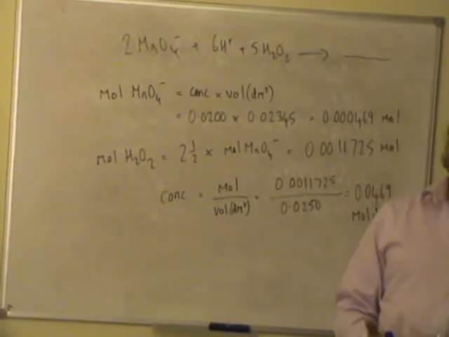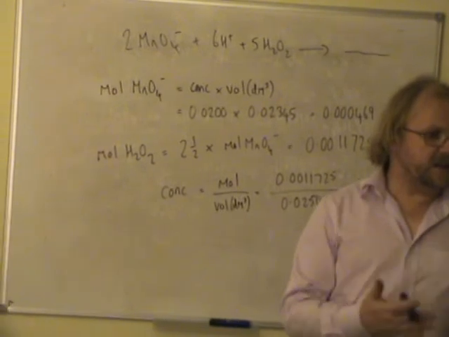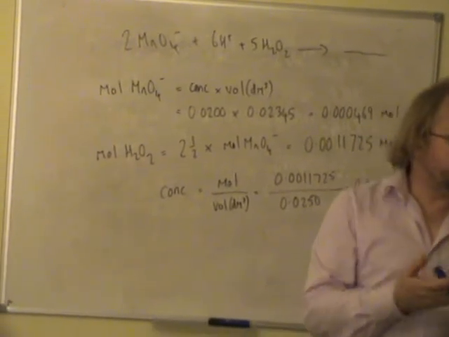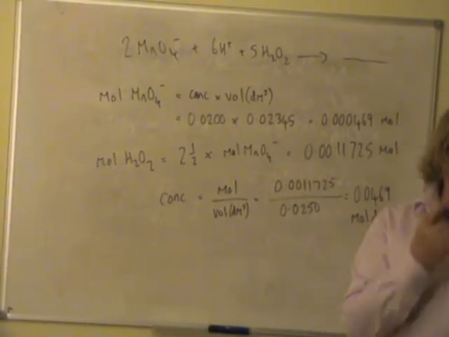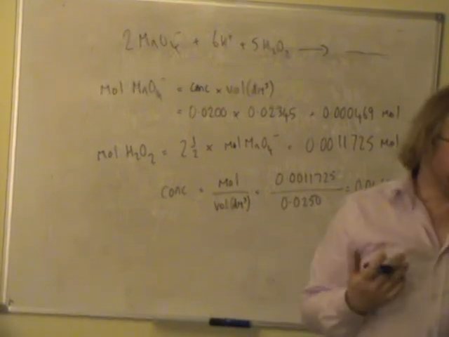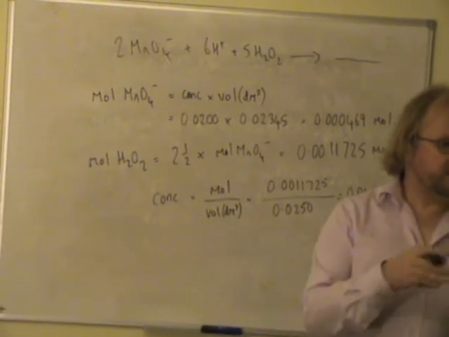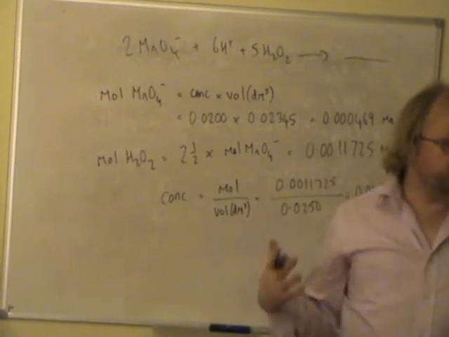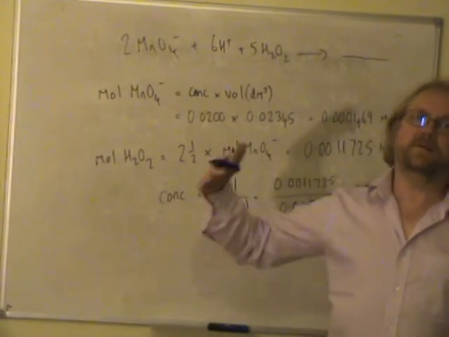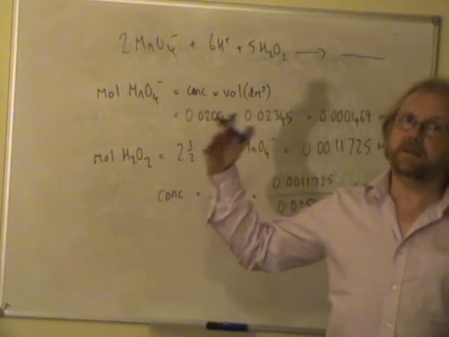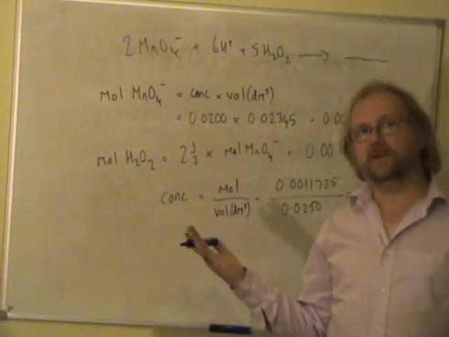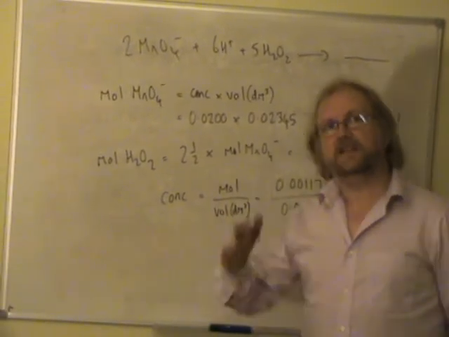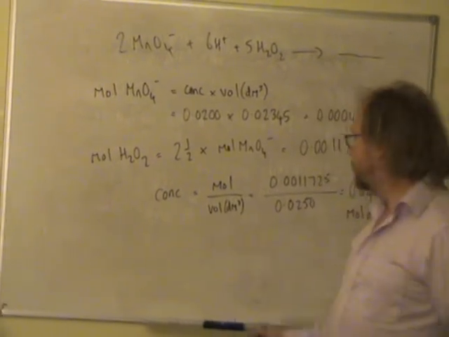That's after it was diluted, but it's saying what was the undiluted concentration. So we've got to look at the way the dilution was done, and it said they took 25 of the undiluted stuff and made it up to 250. In other words, they made the volume 10 times bigger, so that means the concentration got 10 times smaller.